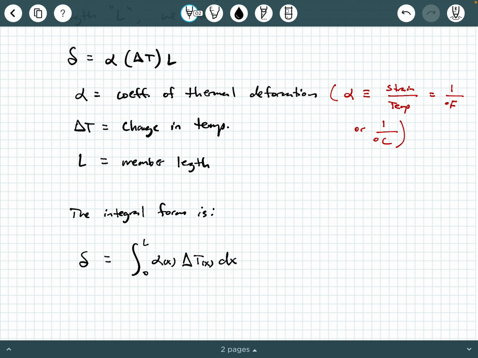So that happens sometimes. This integral form exists, but it's not very common. You're more often going to see it as a segmented expression with constant values.